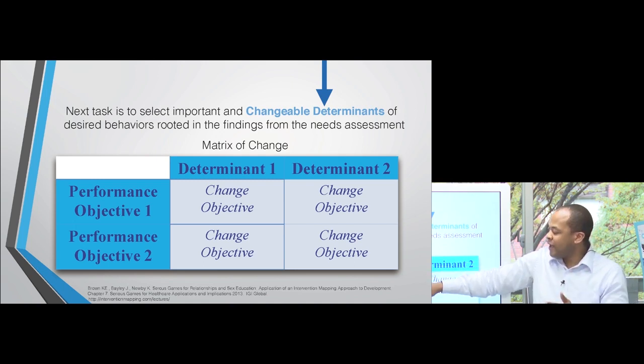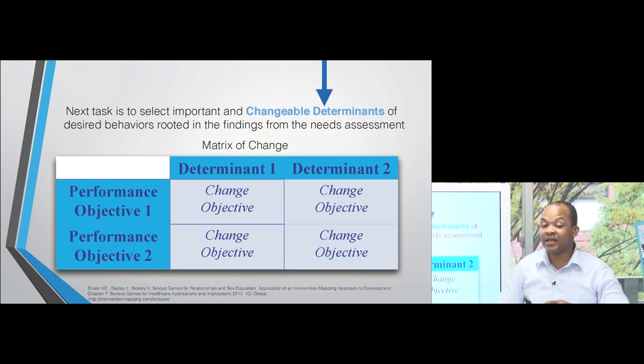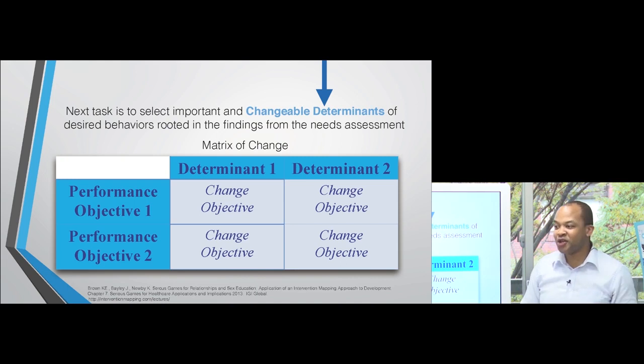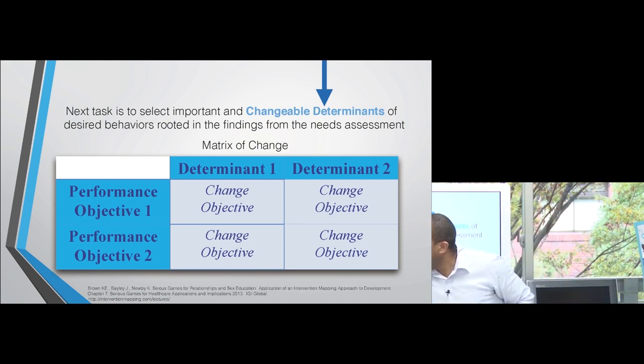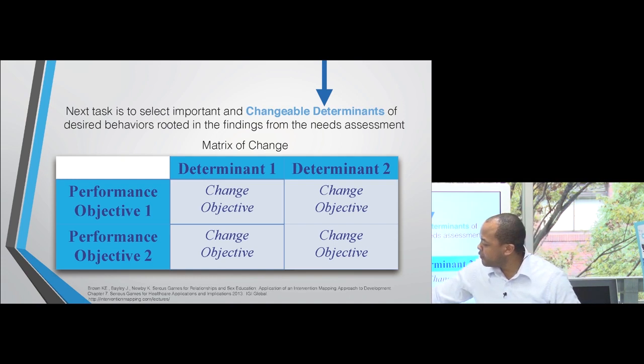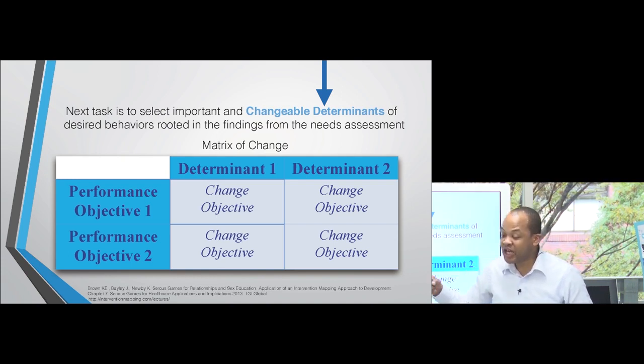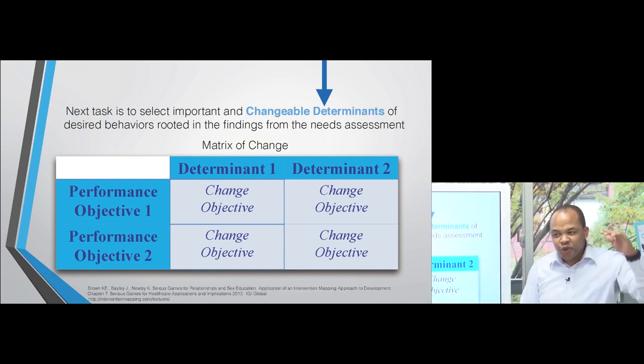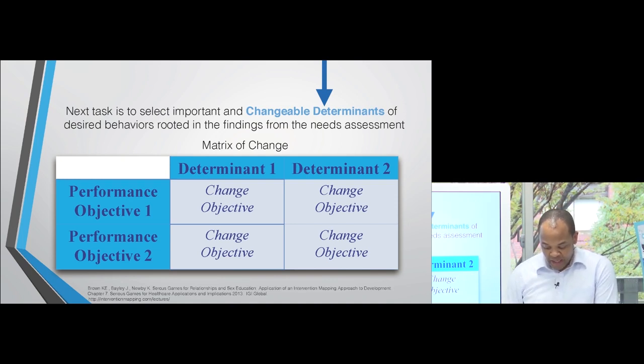For example, knowledge. For simplicity, let's just assume it's knowledge. So they need knowledge. Okay, and what is the performance outcome for this objective? They have knowledge, but what is the performance outcome for this objective? And then from there, you design the change objective. You do this for all the performance objectives that you desire to have.